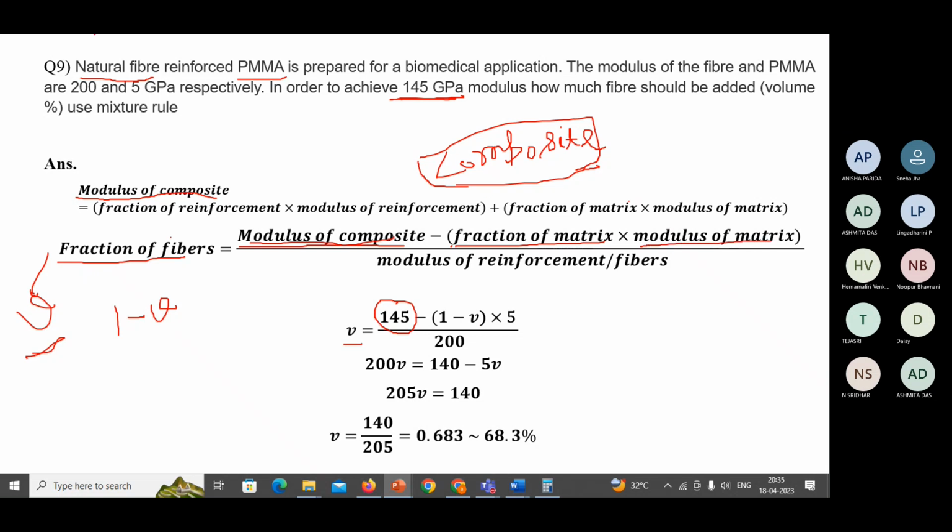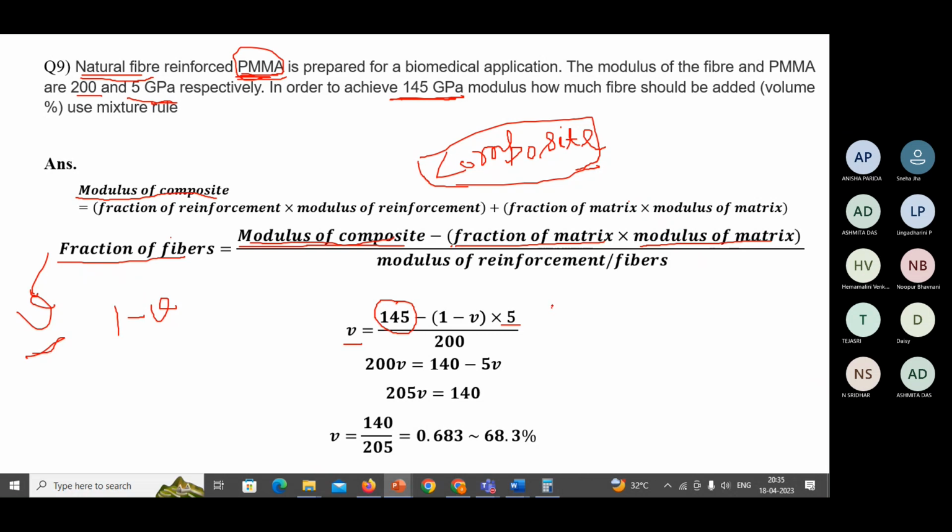The modulus of the matrix: here the PMMA is the matrix, so the modulus of the PMMA is 5 GPa. So we put 5 here. Now the modulus of the reinforcement, the natural fiber, is 200. So we put 200 here. Now we do the cross multiplication.